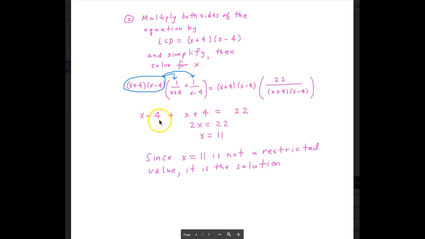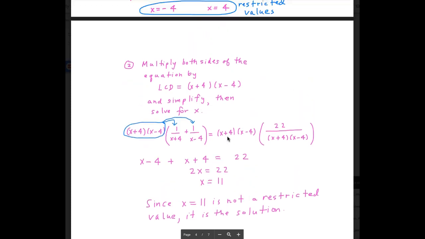I'm just going to be left with x minus 4. If I take this product and multiply it by the second fraction, the x minus 4s will cancel, and I'm going to be left with x plus 4. On the right-hand side, these all cancel, and I'm just left with 22. Or, when we work through that, that means x is equal to 11.